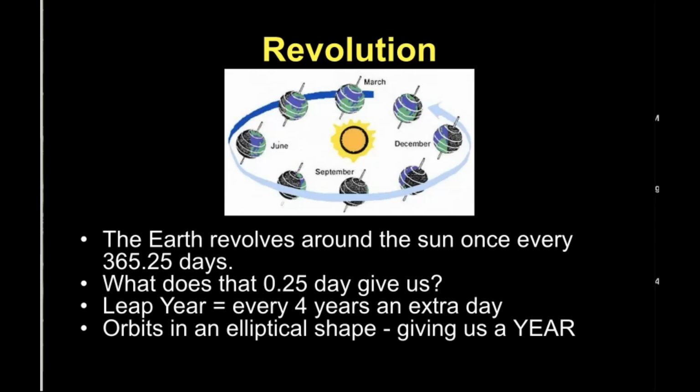But again, that revolution is an orbit. You guys mentioned an orbit, you're right. And it's elliptical in shape. Fancy word for oval, elliptical. And this gives us the year. A lot of you put in there 12 months, a year. And so that's what it does for us. Okay. Any questions about this?